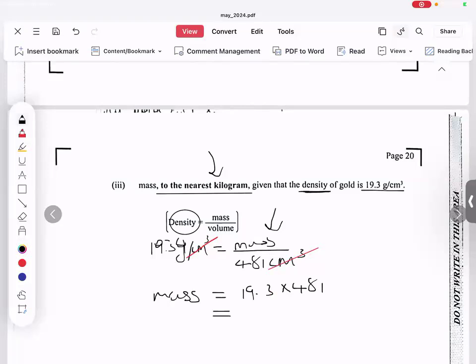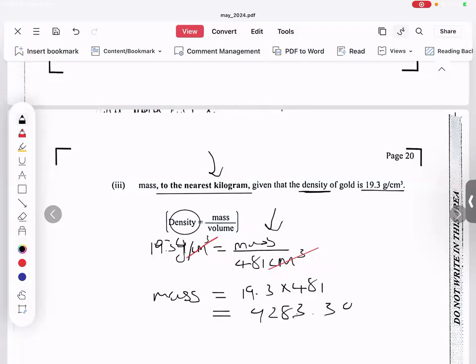What is 19.3 multiplied by 481? 928... 3.3. So 9,283.3. Yeah.